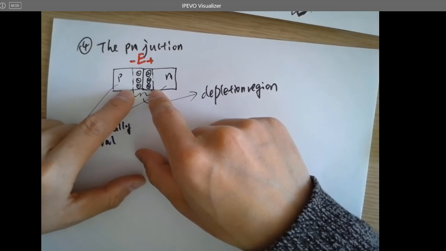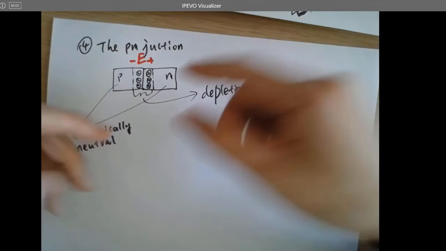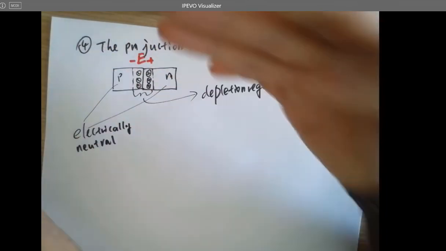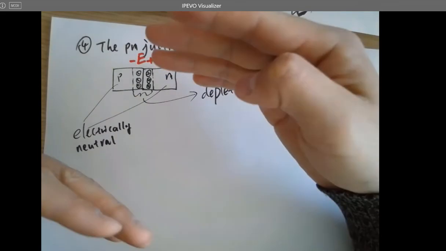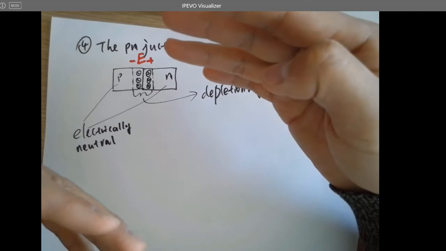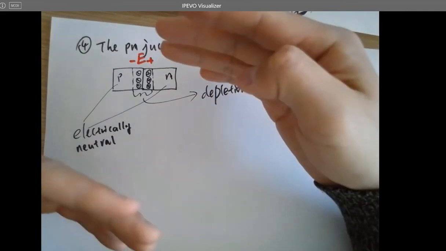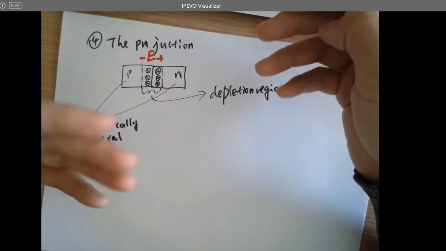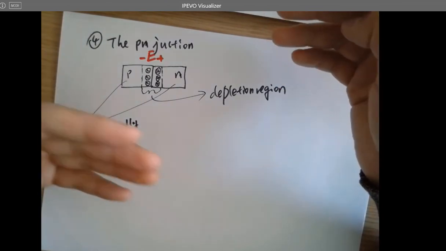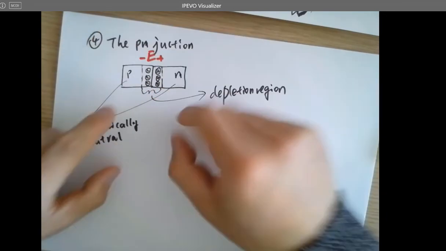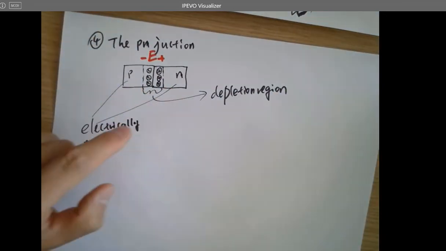It doesn't mean the charges are not moving anymore. They are still moving, but at the same rate, being driven by the electric field and by the concentration gradient. When equilibrium is achieved, the rate that the charges move to the right equals the rate of the charges moving to the left, so it stops at a specific thickness.